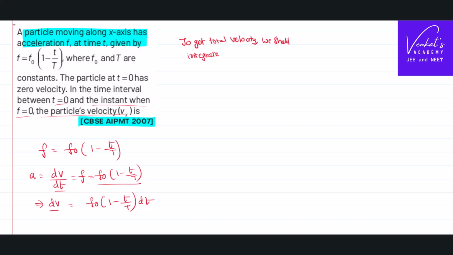Integral of dv equals integral of f0 (1 minus small t by capital T) dt. The integral of dv is v itself. This can be written as the integral of f0 dt minus the integral of f0 t by capital T dt.